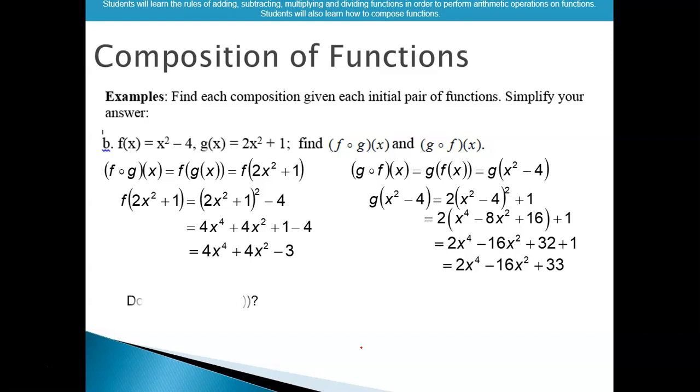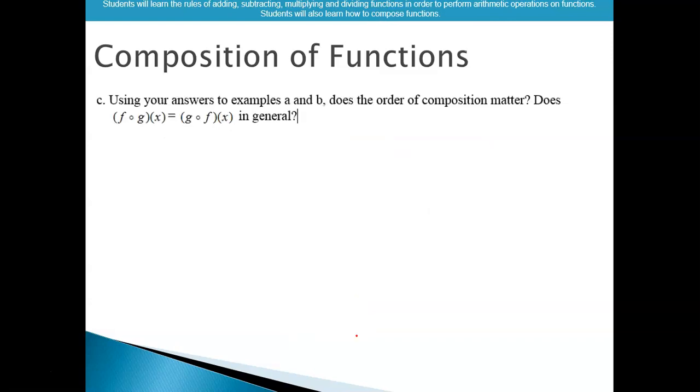And again, do they equal the same thing? And the answer is no. The order that you do composition matters. Composition is not a commutative function. So the order of composition matters.